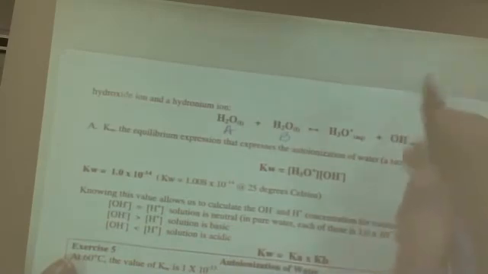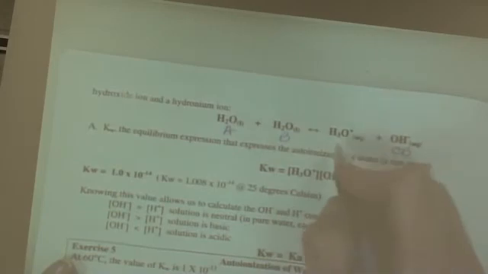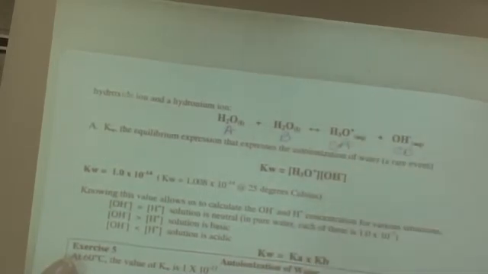And what happens is you have a Bronsted-Lowry thing going on. You have one acting as an acid and one acting as a base. This is going to act as an acid, and here would be its conjugate base. It was stripped of its proton. Meanwhile, another water particle acts as a base, and here is its conjugate acid. This is the amphoteric nature of water in action.